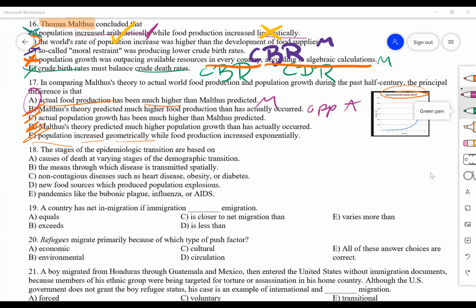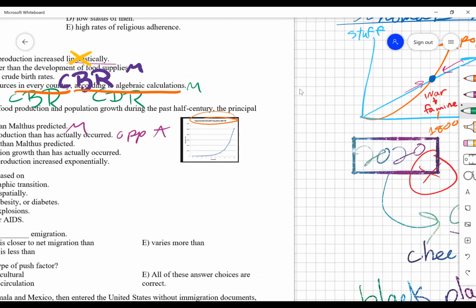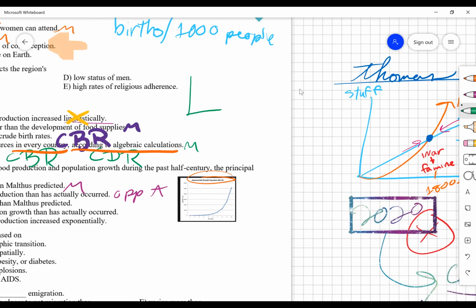This next question, okay. How does population increase geometrically? It doesn't. So on your AP exam, in this unit, you're going to look at graphs just like a tiny bit. This graph can be labeled as linear, geometric, or arithmetic.